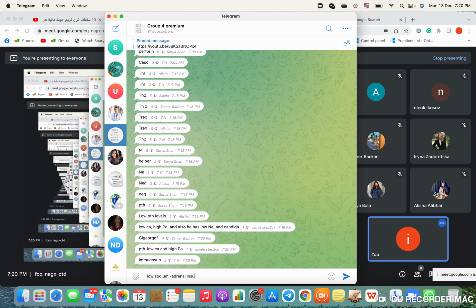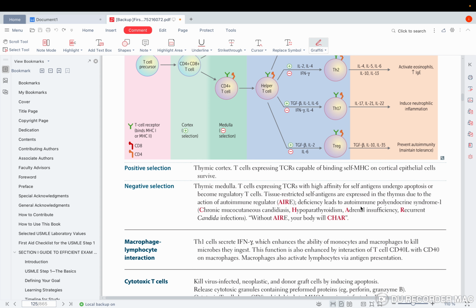And the candida, mucocutaneous candidiasis, if you put all these together, you get this AIRE. This autoimmune regulator, which is the AIRE, which is basically people having multiple autoimmune polyendocrinopathy leading to chronic mucocutaneous candidiasis, hypoparathyroidism, adrenal insufficiency, recurrent candida infection. Yep, so you must know about the AIRE, which is a defect in the negative selection.